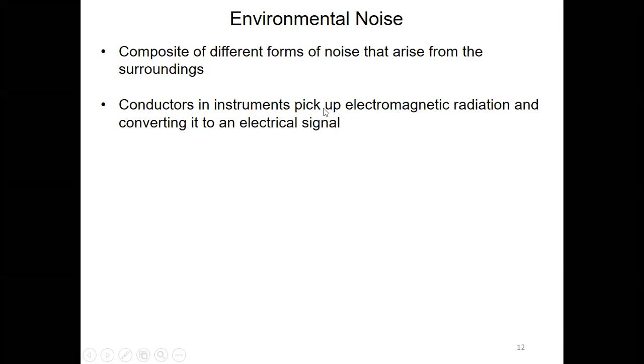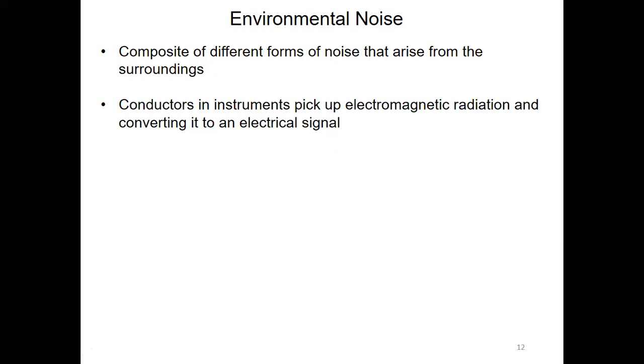Any change in the electromagnetic radiation associated with the environment, so there might be some TV, some sound, any change in the electromagnetic radiation available in the lab environment, will be picked up by the conductors in the instrument.